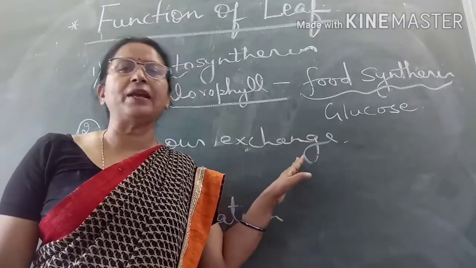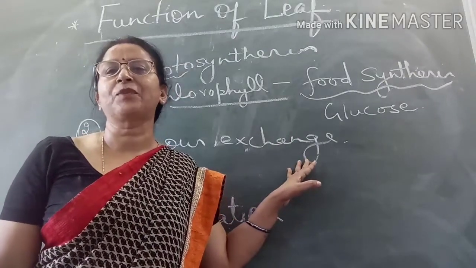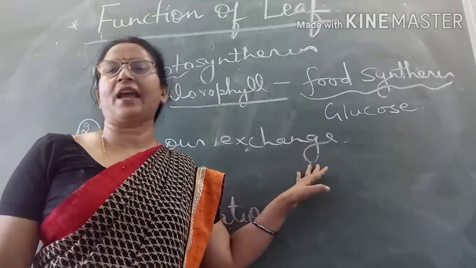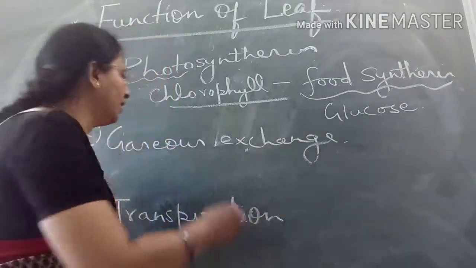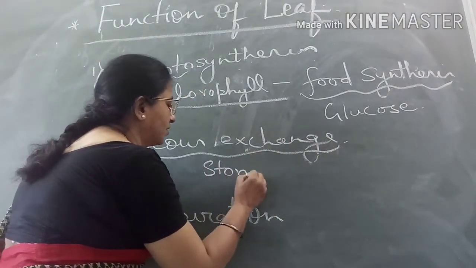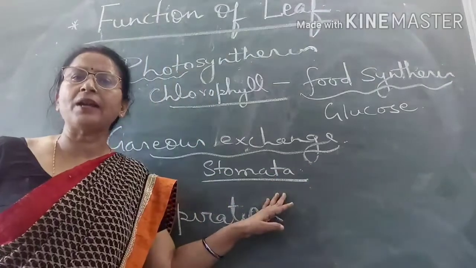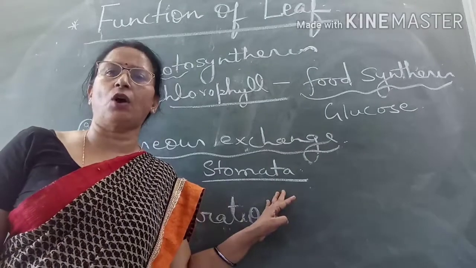But either it may be respiration process, or it may be photosynthesis process, in both the process, gaseous exchange occurs through stomata. Stomata is a minute pore present on the surface of leaf.